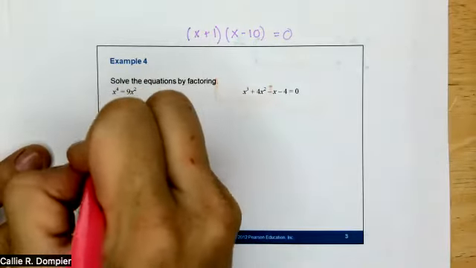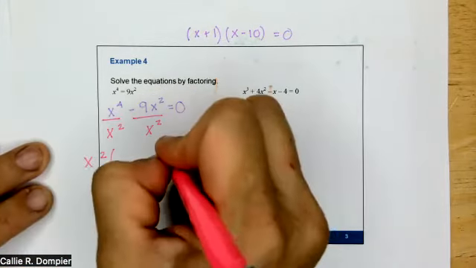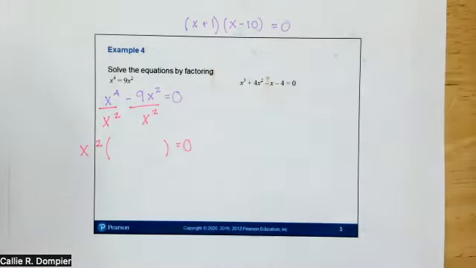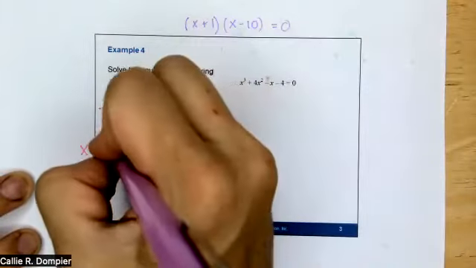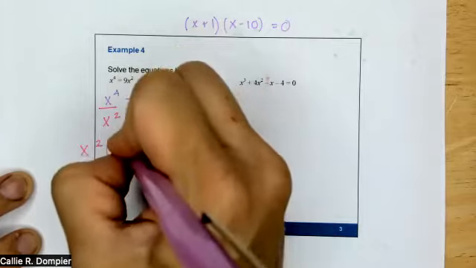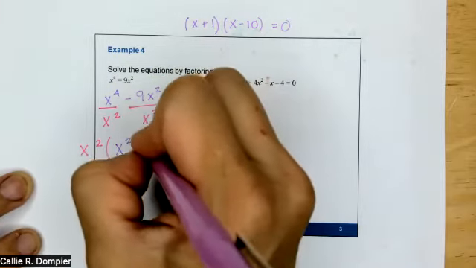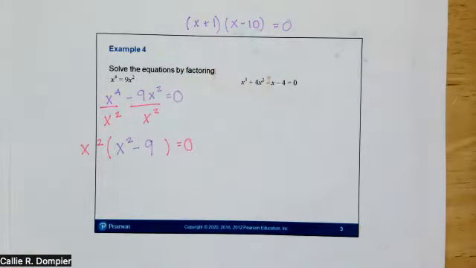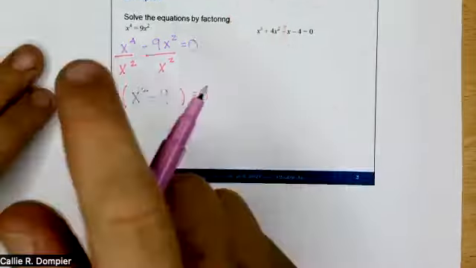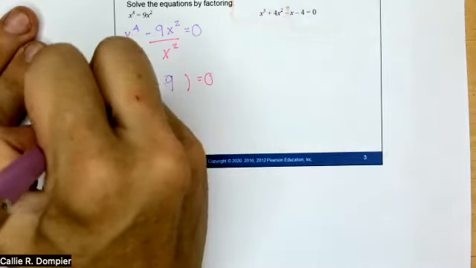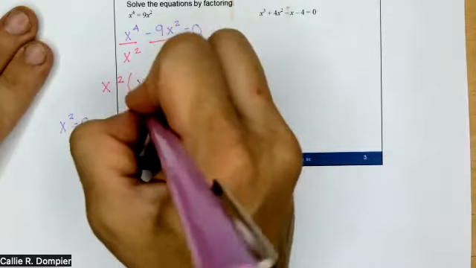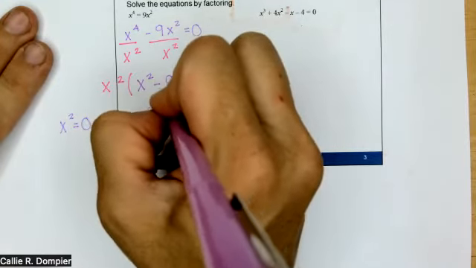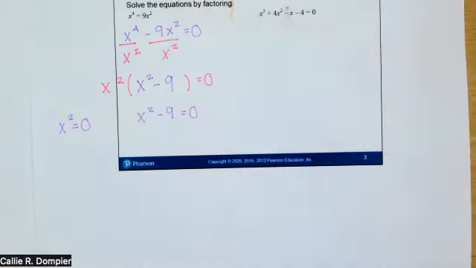So my factors are x squared and whatever answer I get when I divide. x to the fourth divided by x squared gives x squared. When I divide -9x squared by x squared, I get -9. Is that okay? So my two factors are x squared equals 0 and x squared minus 9 equals 0.